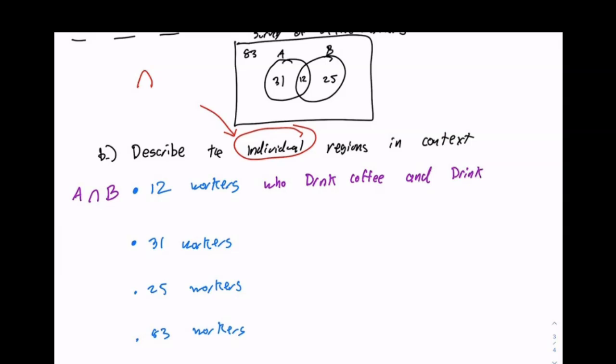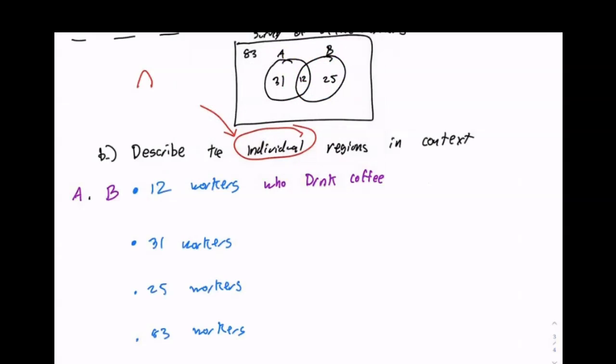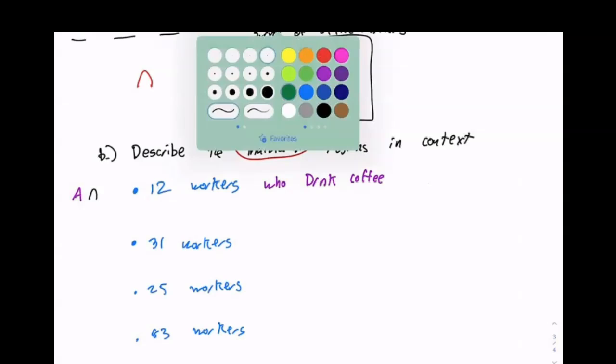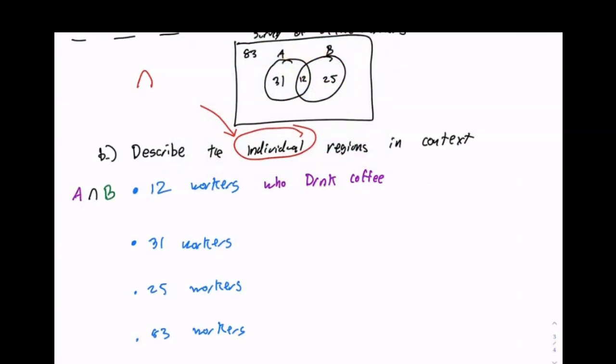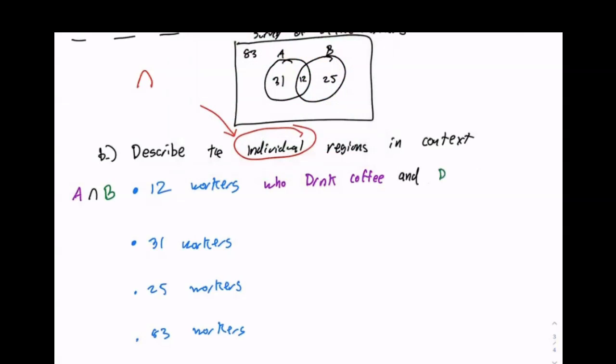Let me do some different color notations in here. It might help. The purple. Purple is the coolest color. And B, and drink soda.